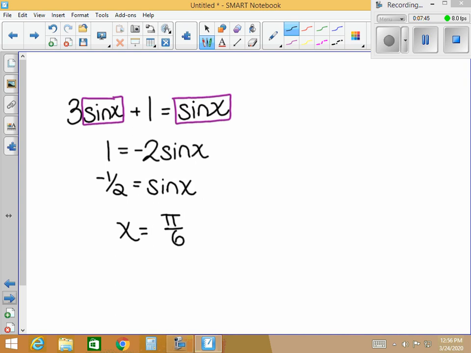So if I have a pi over 6 reference angle in quadrant 3, that'd be 7 pi over 6. If I have a pi over 6 reference angle in quadrant 4, that's 11 pi over 6. Again, because the sine function has period 2 pi, if I add or subtract any multiple of 2 pi to 7 pi over 6, or to 11 pi over 6, those are also going to be solutions to my equation.